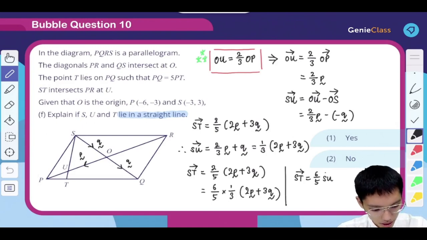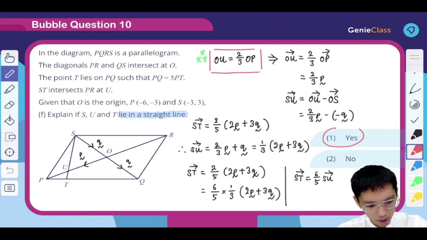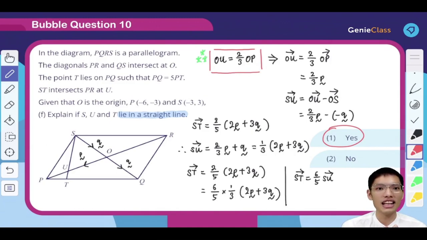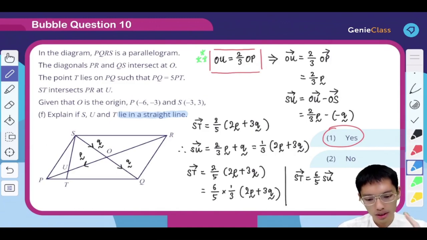This is the very important thing to show that it is lying in a straight line, because one thing to take note, let me write it here.